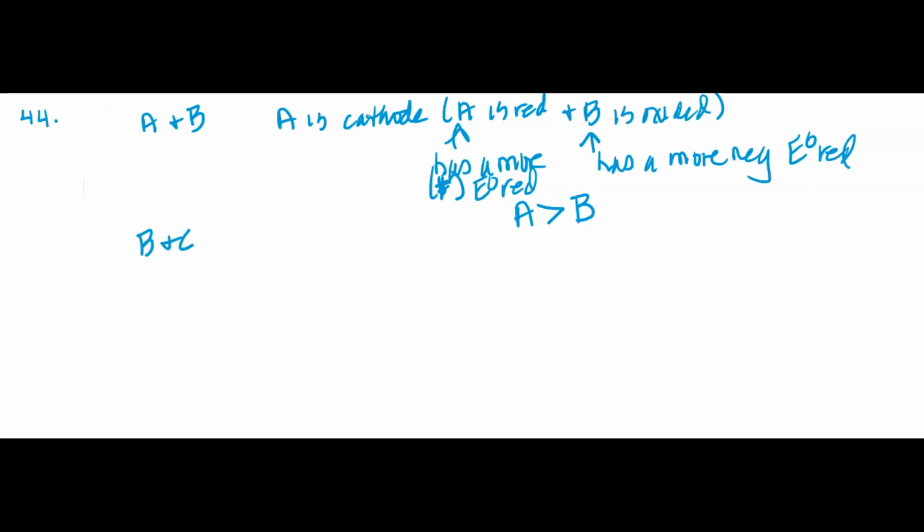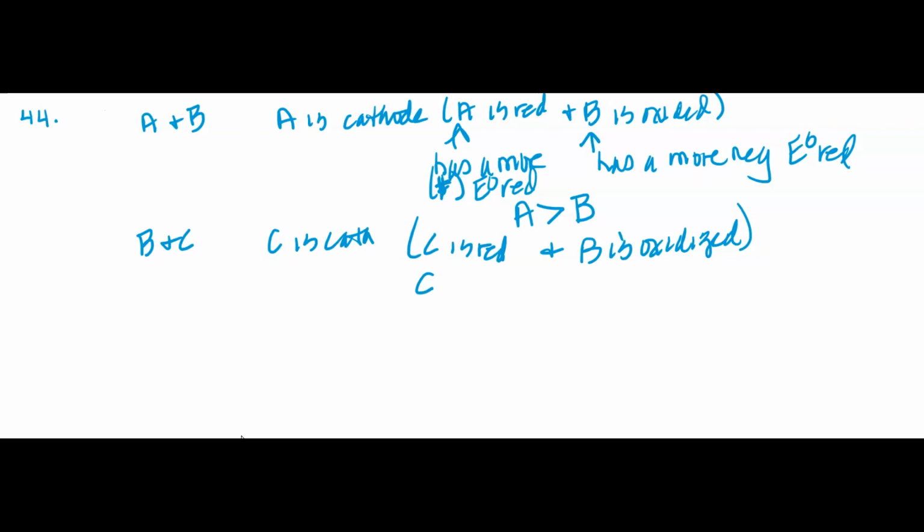From B and C, C is the cathode. That means C is reduced, and B is oxidized. So what we learn from that is similar.